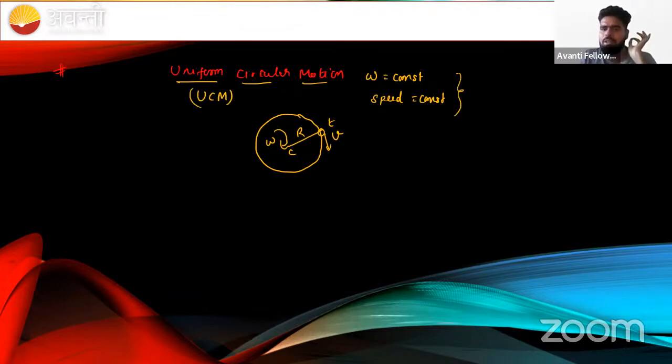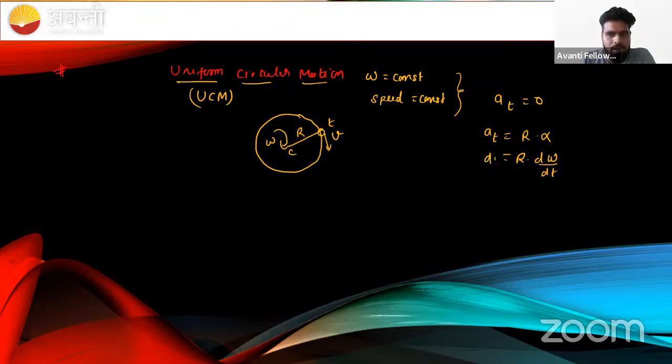One important thing we have to know here: in every uniform circular motion, the tangential acceleration is always 0. Why? Because tangential acceleration is r times alpha, and alpha is angular acceleration, which is the rate of change of angular velocity.